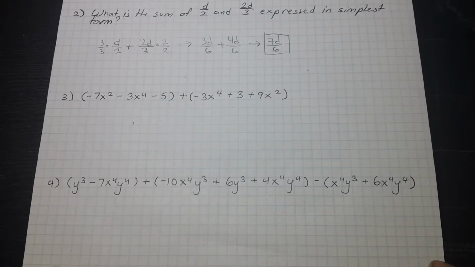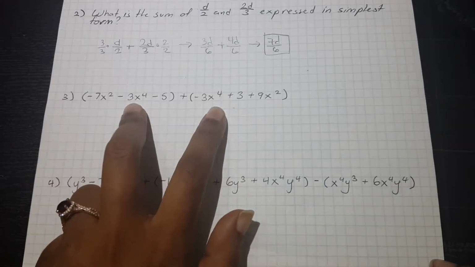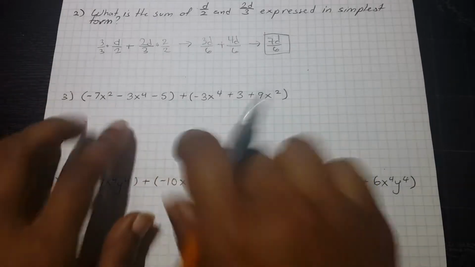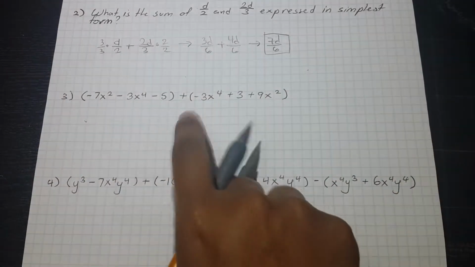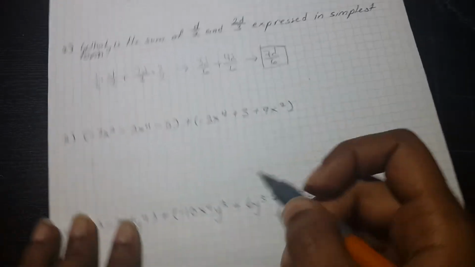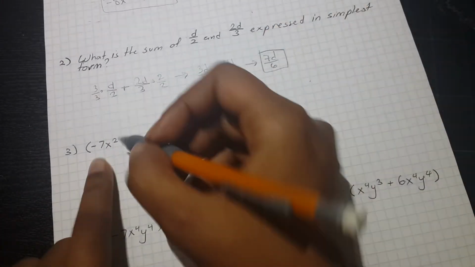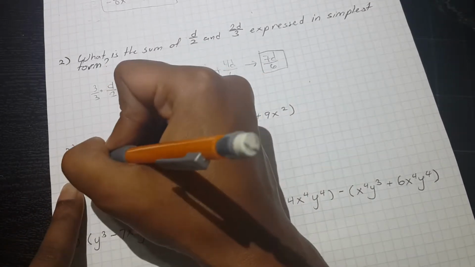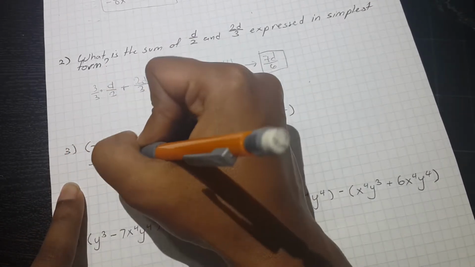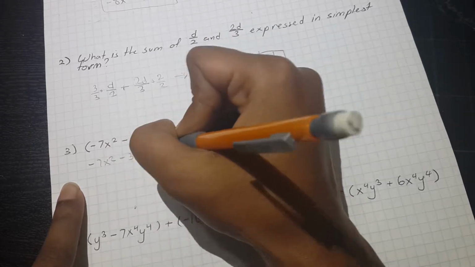Now let's say we are given a problem where there are no words, but we know exactly what to do because the two polynomials are separated by an addition sign. So let's do the same thing. Let's get rid of the parentheses first. So negative 7x squared minus 3x to the 4th minus 5.